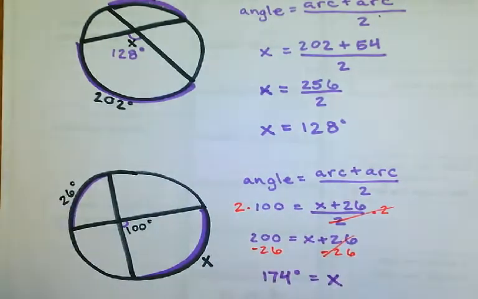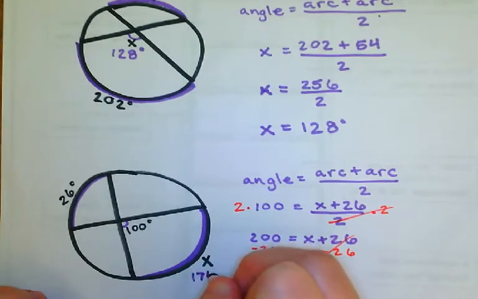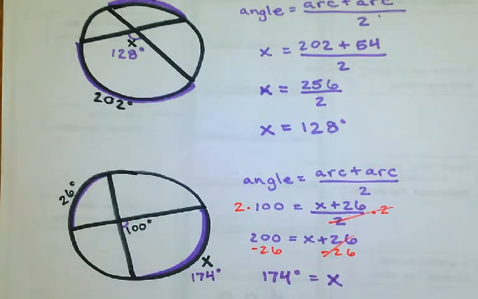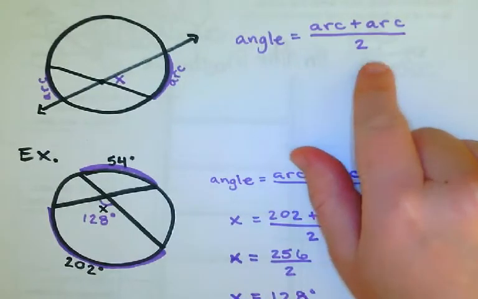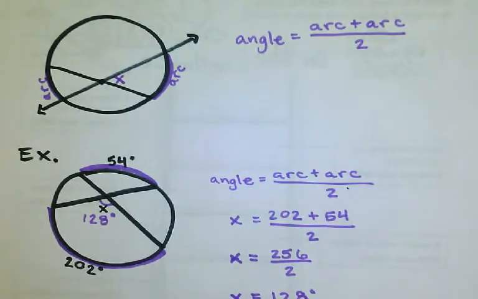There's your x. There we go. Just like that. Okay? So, again, whenever your vertex of your angle is inside your circle, you are always using this relationship. Angle equals arc plus arc divided by 2. Okay, last one.